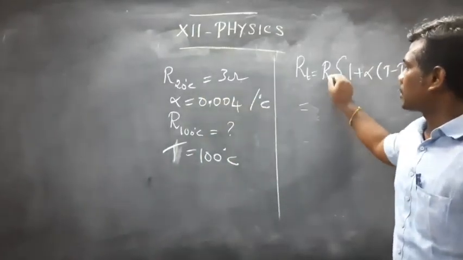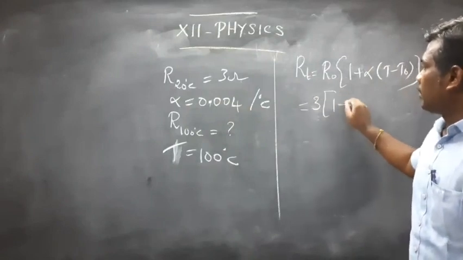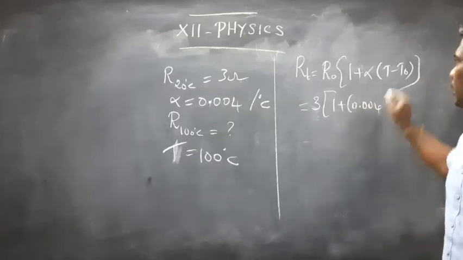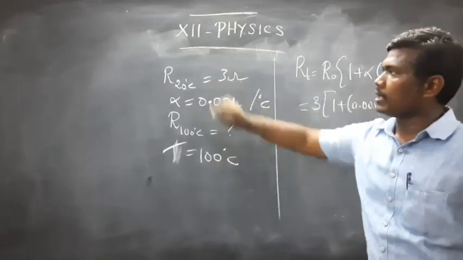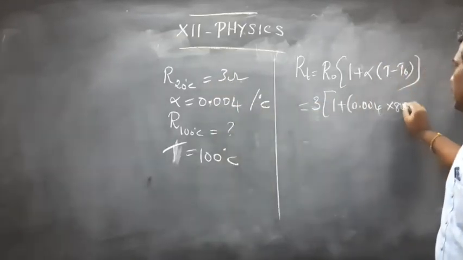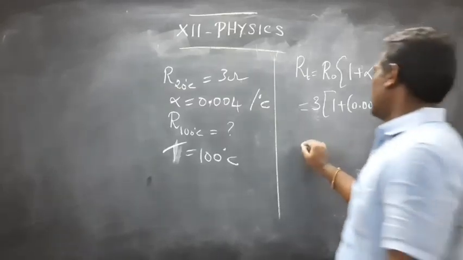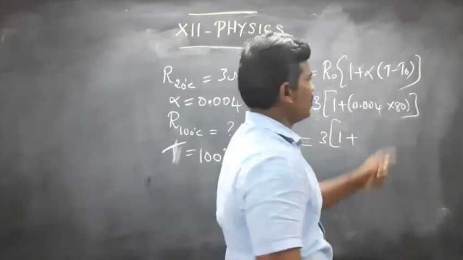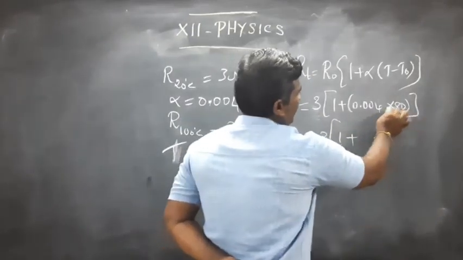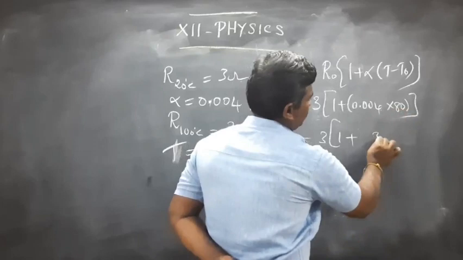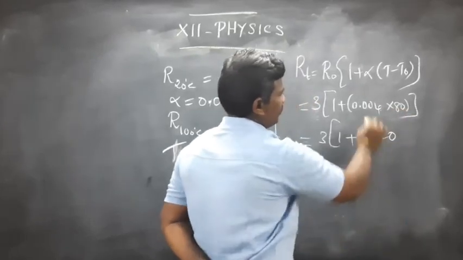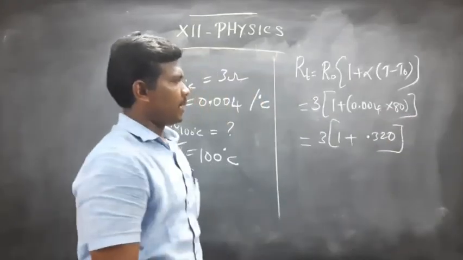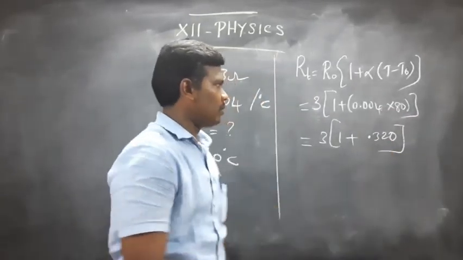Apply all the values. R naught is 3, 1 plus alpha 0.004, T minus T naught, 100 minus 20, which is 80. Multiplying, 8 fours are 32, so the value is 0.320.